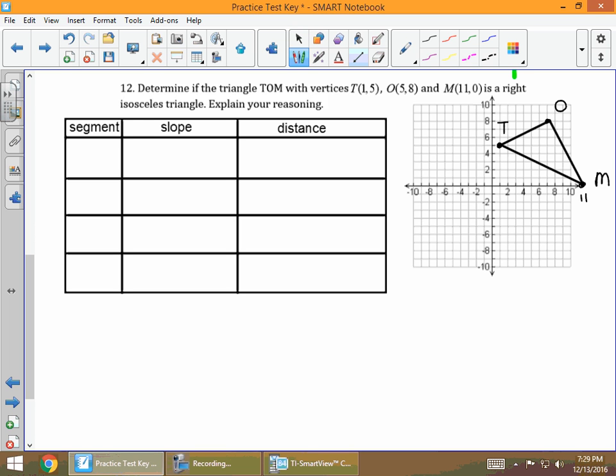Okay, so I have 3 segments to deal with. First segment I'm going to deal with is TO. I'm going to find the slope first. So it rises 1, 2, 3. Runs 1, 2, 3, 4, 5, 6. So rise 3, run 6.